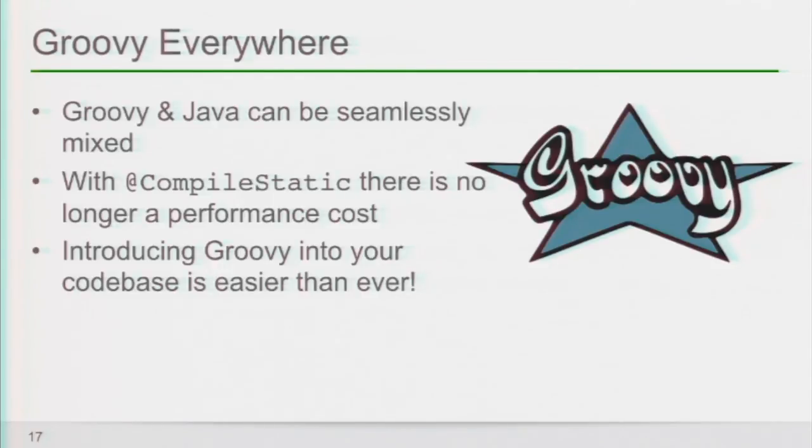A lot of Java folks argue the fact that Java is far more performant than Groovy, and they're not going to write this stuff in Groovy because the performance is not going to be good.